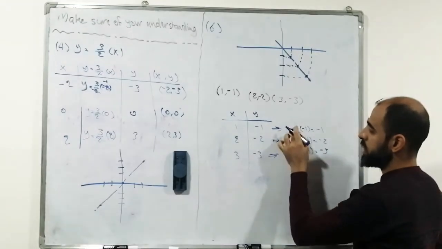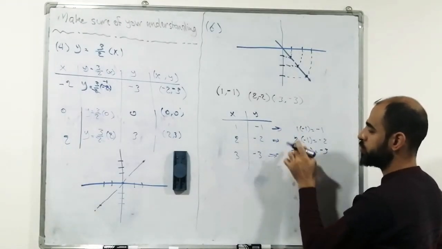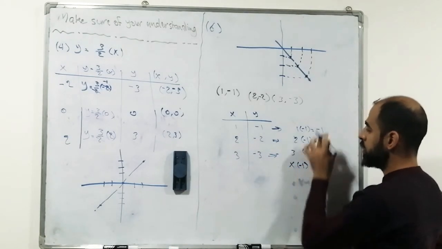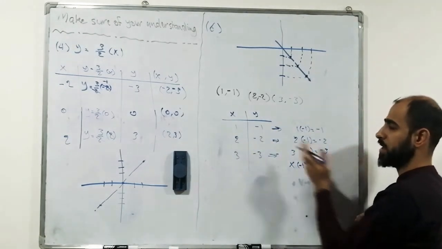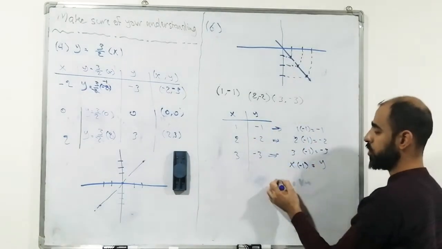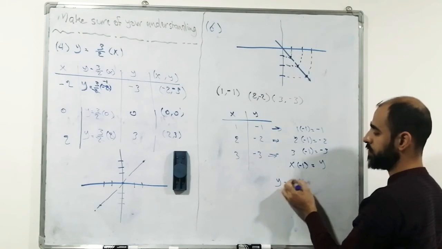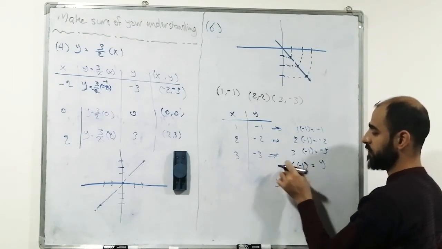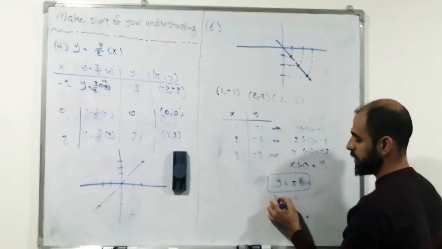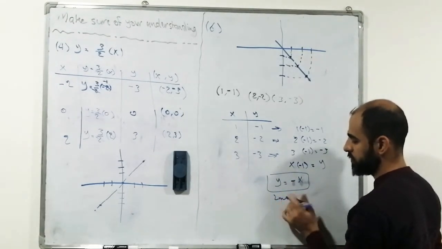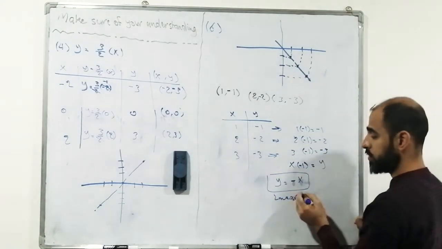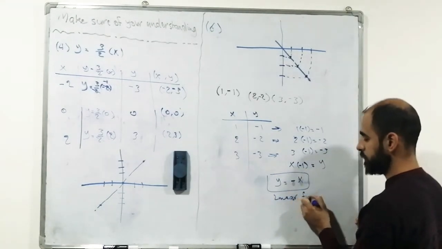So we notice that the values 1, 2 and 3 are the values of x, multiplied by -1, and on the other side -1, -2, -3 are the values of y. So the linear function is y equals -1 times x, that is y equals -x, which is the rule of the linear function.